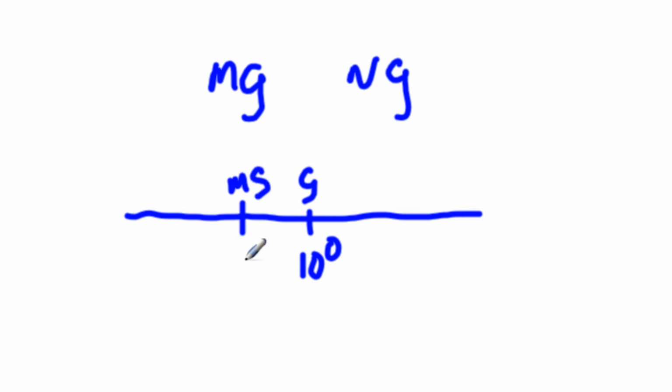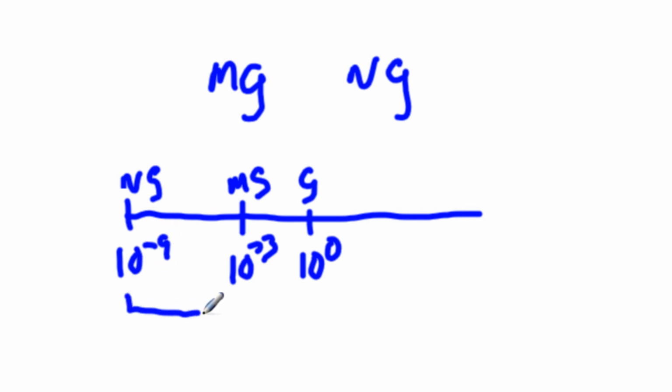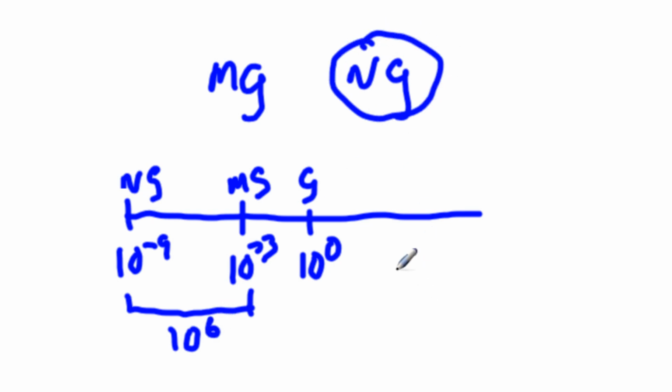Milligram is 10 to the minus 3. Nanogram is going to be 10 to the minus 9. There is a factor of 10 to the 6 between those. Nanogram's the little guy, and we have a whole bunch of little guys equals a big guy.